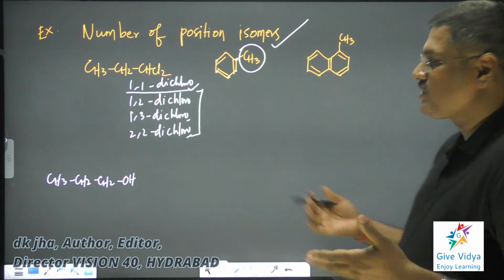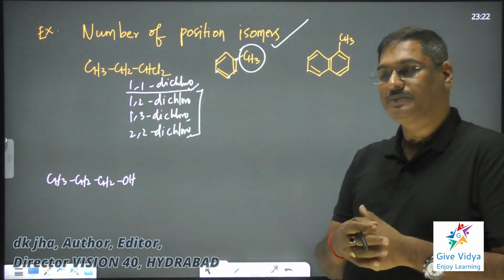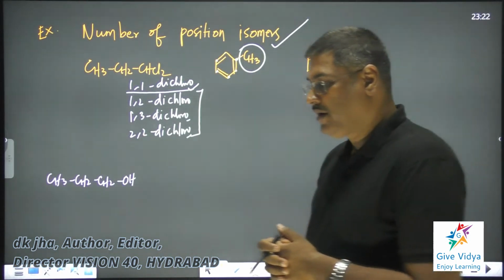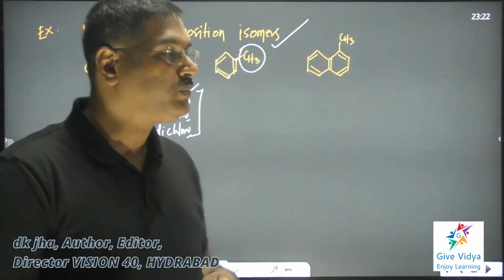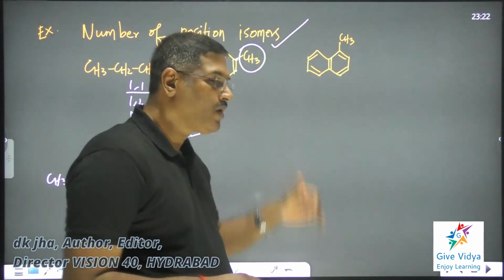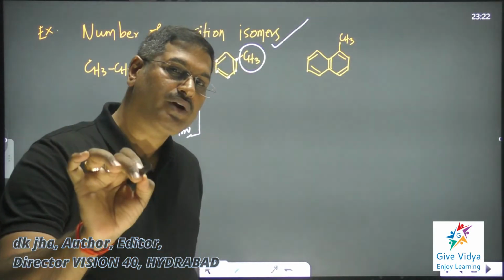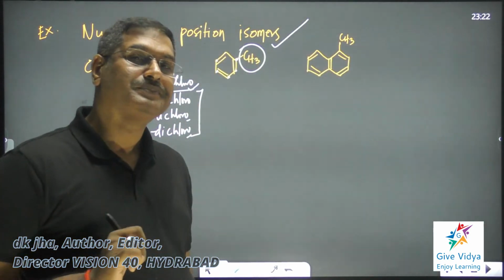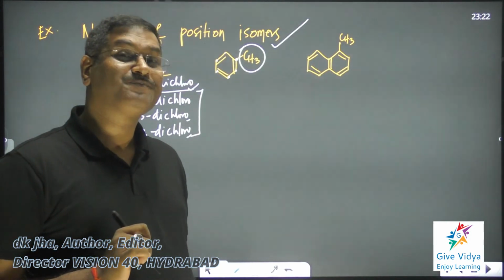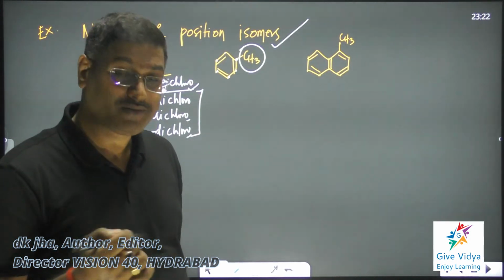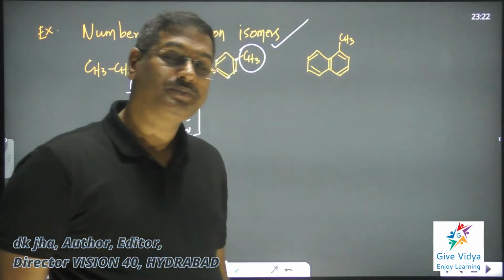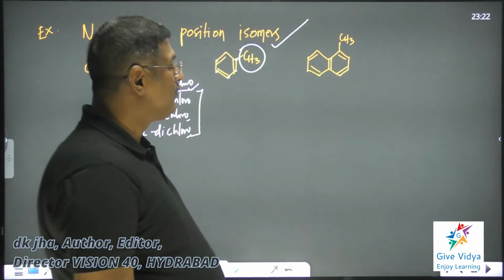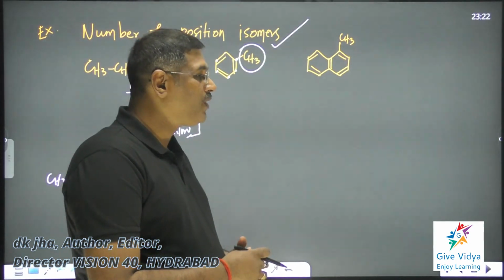On the same pattern, I am asking another question. Number of position isomers for mono substituted naphthalene. Answer please. Now, how to answer?